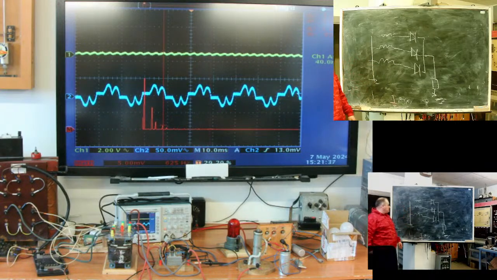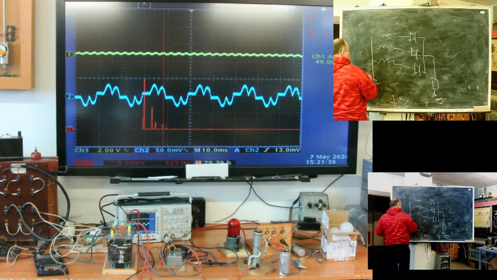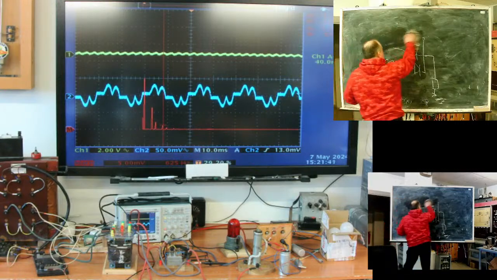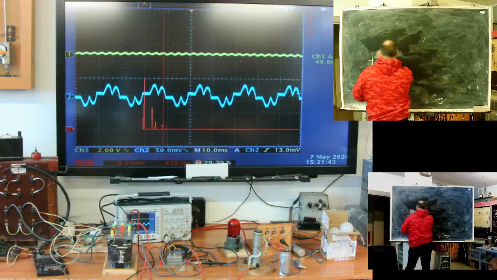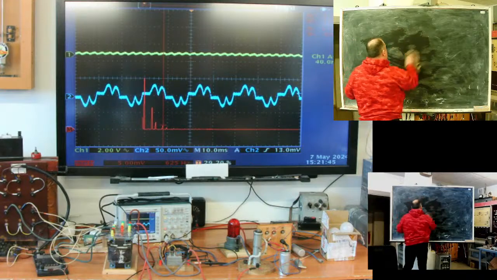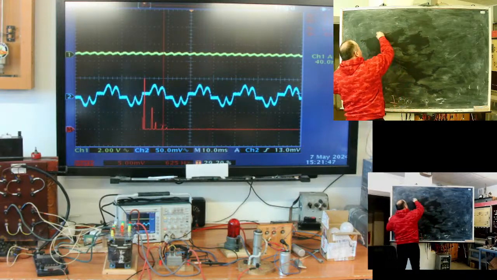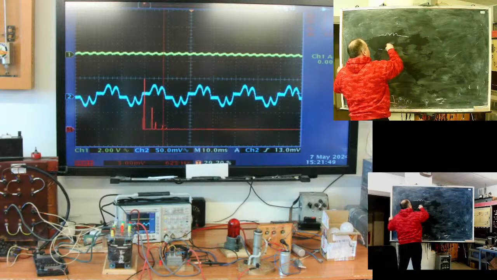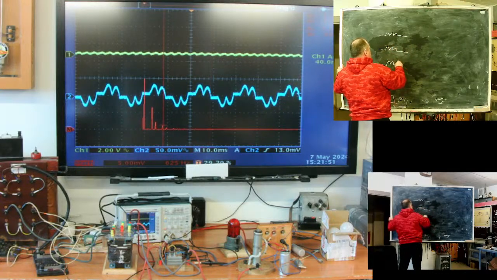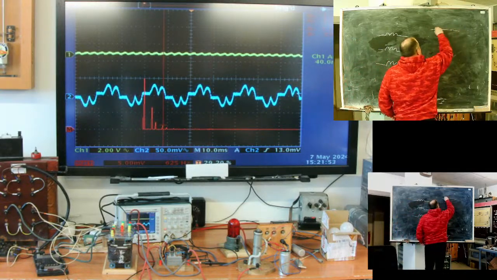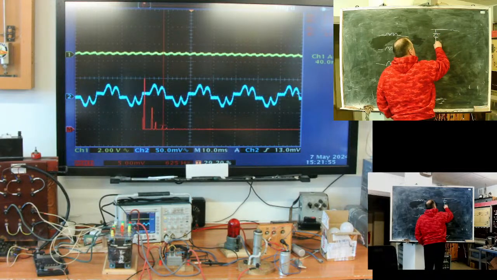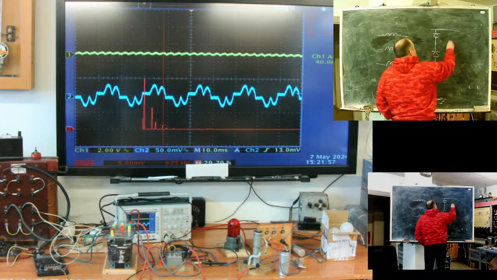So it will be something like this. Or schematics for split voltage. One second, I'll draw it. One of the ways to get split voltage.